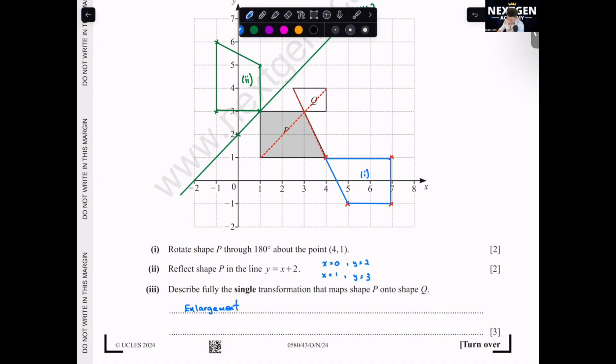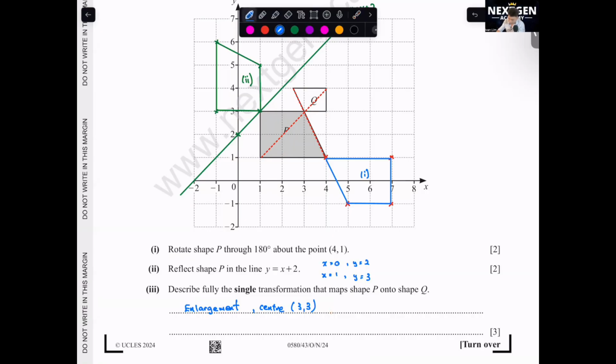Okay, another thing that we need to find is the scale factor. So we can write here center 3, 3. What is the scale factor here? If it's on the opposite side of the center, the scale factor will be negative. You remember? Negative will be an upside down shape.